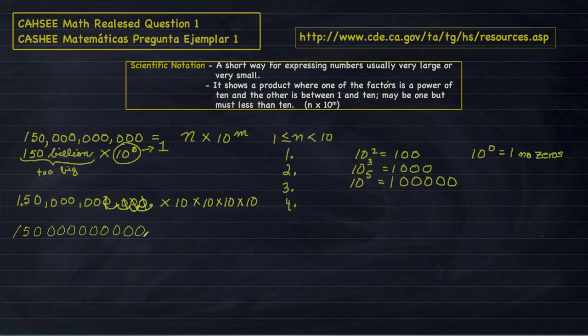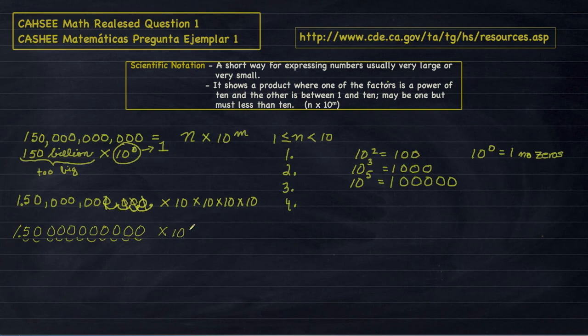And we said to make it so that we create an n, the n to be in this range between 1 and 10. We would end up having to land the point between the 1 and the 5. So we have to move the point 11 places. Okay, and for each time we move the point, we would add a factor of 10.